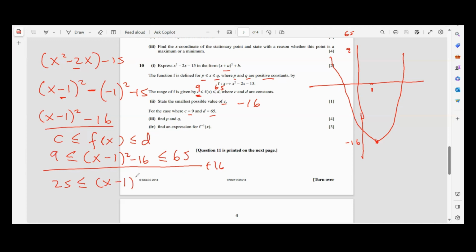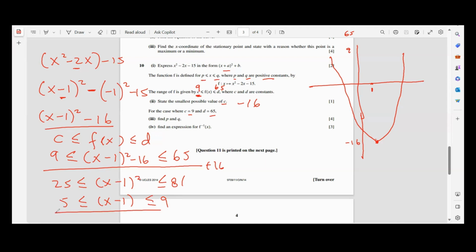(x minus 1) squared, then plus 16, 16 becomes 81. And then after that, I will square root all of them. So this becomes 5, x minus 1, so 9.